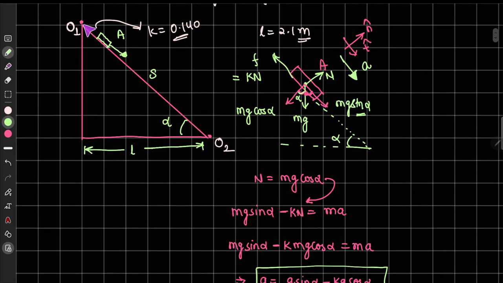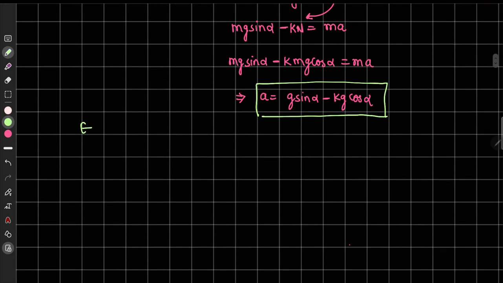Now let us say while traveling from point O1 to O2, the body A is taking the time of t. So from the equation of motion, we can write distance is equal to ut plus half a t square, where u is the initial velocity, a is the acceleration, t is the time, and s is the displacement.